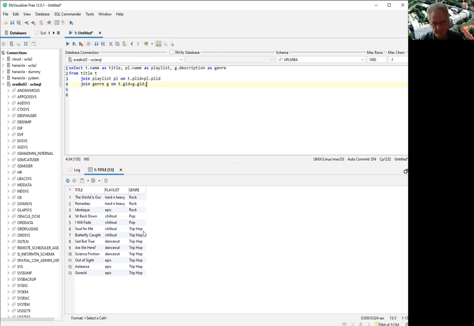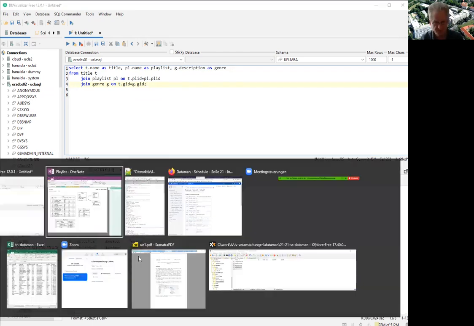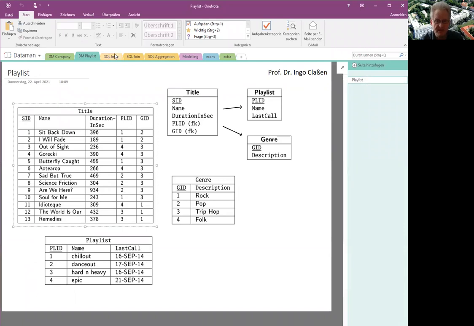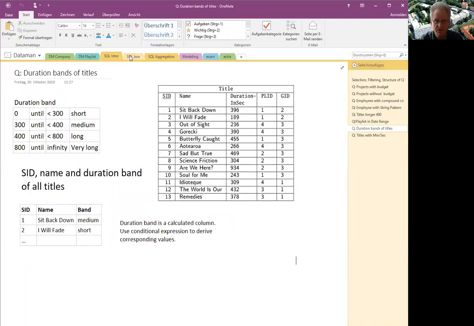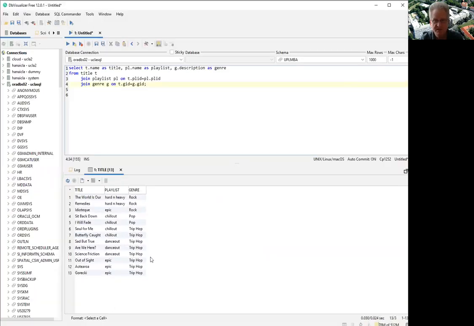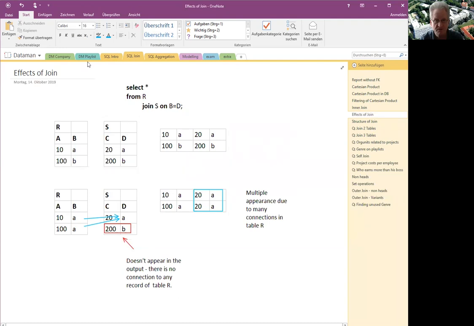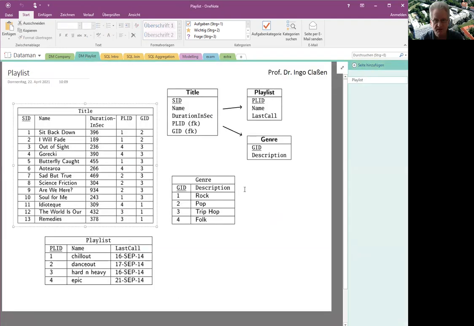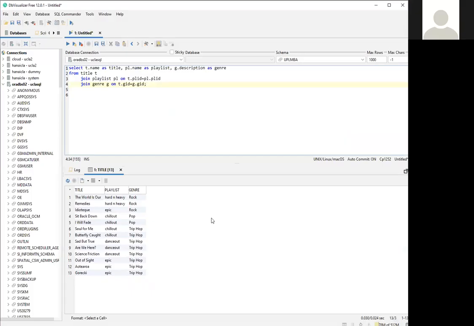So now, if we look at the output here, you also see an example of this second effect, this red one here. What is an instance of that effect here? Let me show you again the playlist table, and here we have the genre table.